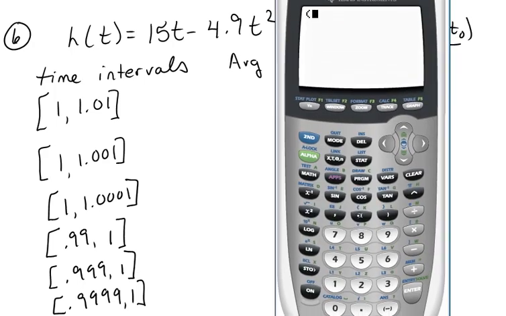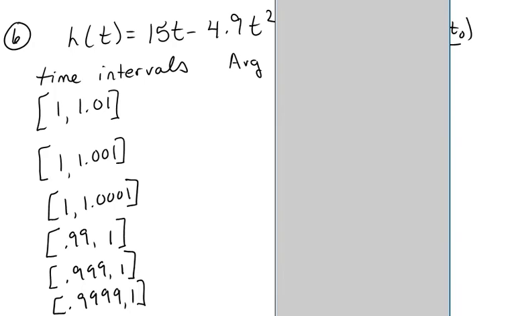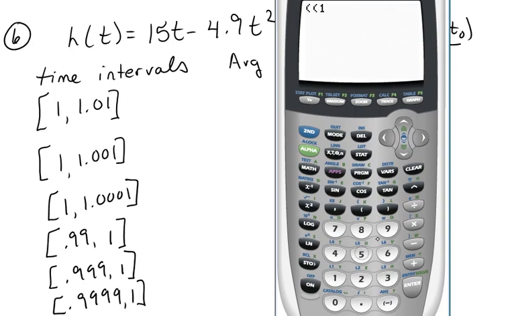So I'm going to do it in parentheses, and then using 1.01, I'm going to do 15 times 1.01 minus 4.9 times 1.01 squared.